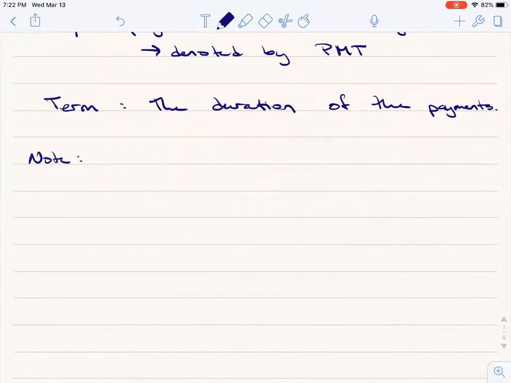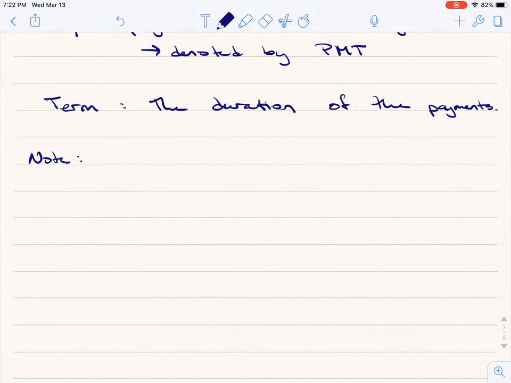One mega thing that's going to change is that n used to be the number of compoundings, the length of the arrow. Now, because we've got these regular payments, n is actually going to be the number of payments for annuities. That's a shift that we have to make.